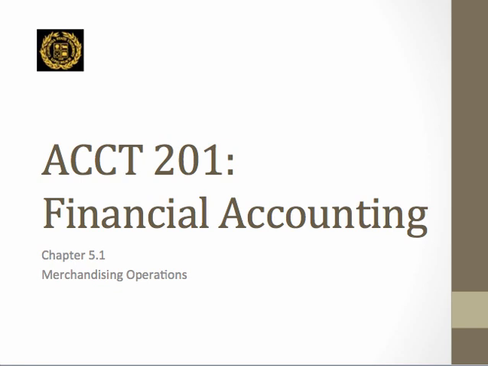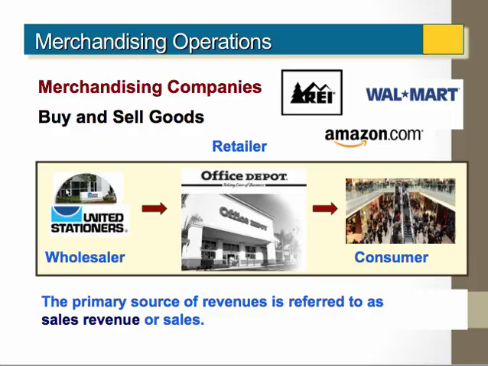Up to this point, we've been talking about companies that provide services to customers as their source of revenue. There are other types of companies that also generate revenue by providing goods and services to their customers. We call these types of companies merchandise companies because of their sale of products.